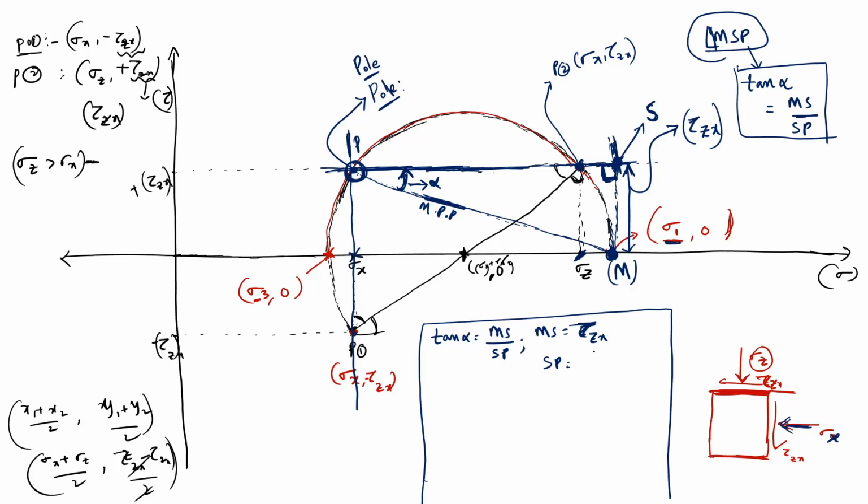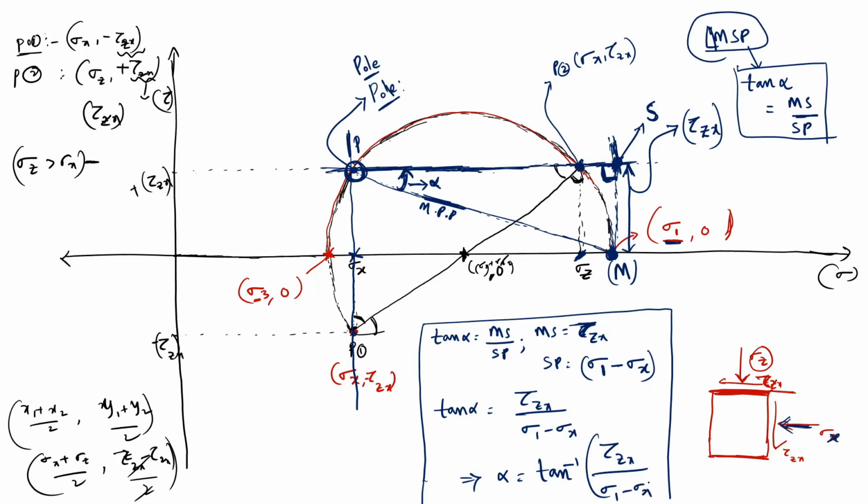So SP will be sigma 1 minus sigma x, the distance between S and P. Now tan alpha equals tau zx divided by sigma 1 minus sigma x. Therefore alpha equals tan inverse of tau zx by sigma 1 minus sigma x.